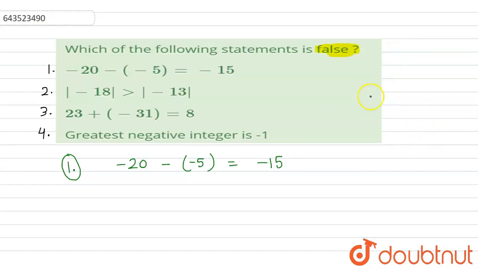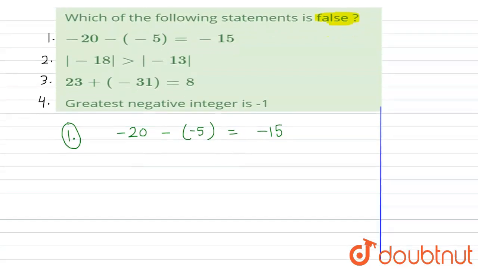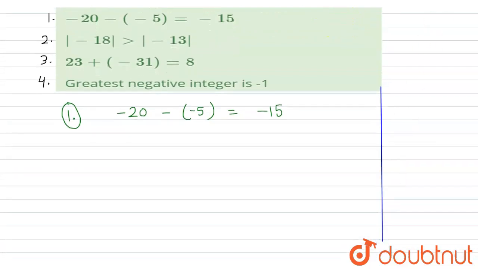We have to simplify the left hand side, negative 20 minus negative 5.